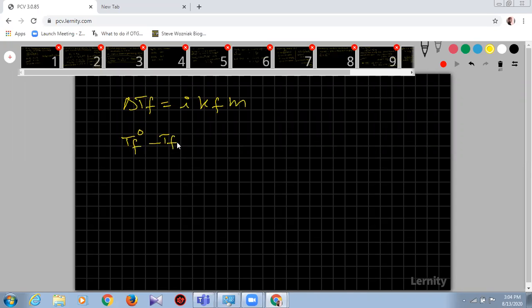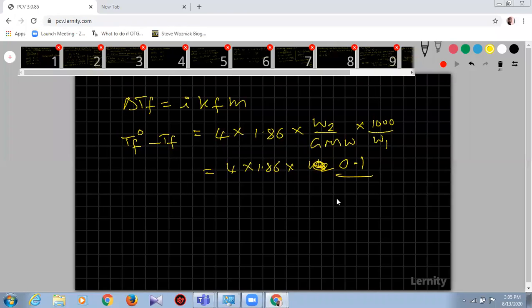So Tf naught minus Tf is equal to i value 4, Kf value 1.86, and molality is equal to weight by gram molecular weight into 1000 by W1, where W1 is the weight of solvent. That is equal to 4 into 1.86 into W2, which is 0.1 gram, and the molecular weight 329, into 1000 by the weight of solvent, 100 grams.